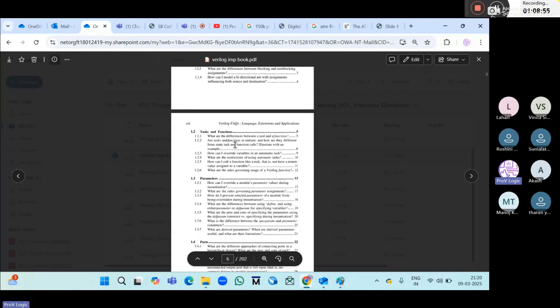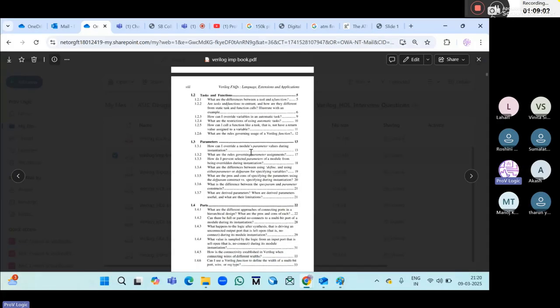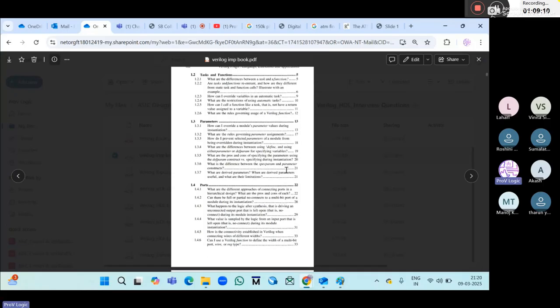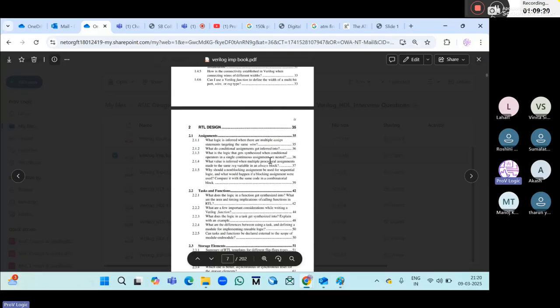Basic Verilog tasks and functions we need to discuss because it is mostly related to SystemVerilog. And parameters we already discussed. Here you will have more detail like defparam, specparam. These are not required, but you can just have a look, for interview point of view. And ports we already discussed.